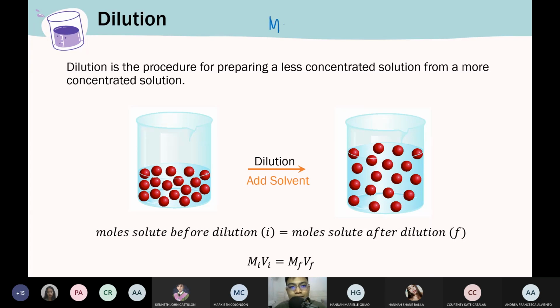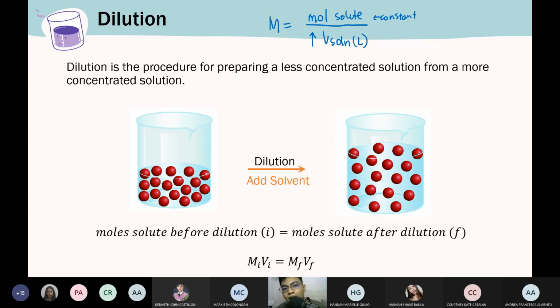In molarity, diba, that is the mole solute over the volume of the solution. Pag nagdagdag ka ng tubig, ano yung nagbabago? Yung volume ng solution. But the mole of the solute is constant. No? Ito constant yan. Pag nagdagdag ka ng tubig. Kasi solute yun eh. Yung solvent yung nadadagdagan. So, in turn, the volume of the solution increases.